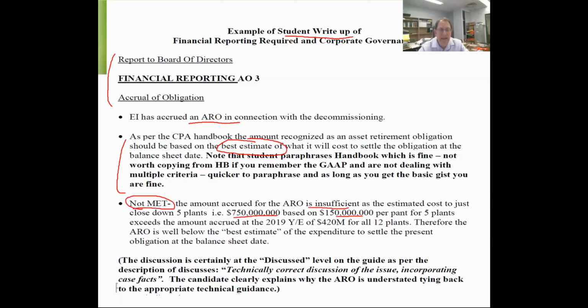And that exceeds the amount accrued at 2019 of $420 for all 12 plants. Okay, excellent. The ARO is well below the best estimate to settle the present obligation on the balance sheet date. Excellent. Is everybody happy with this? You're doing numbers, you're explaining why the accrual is under.